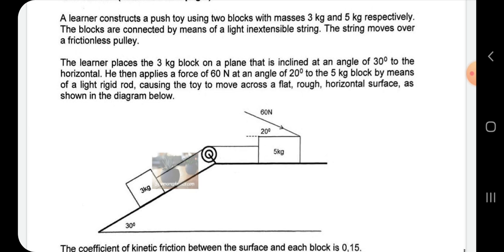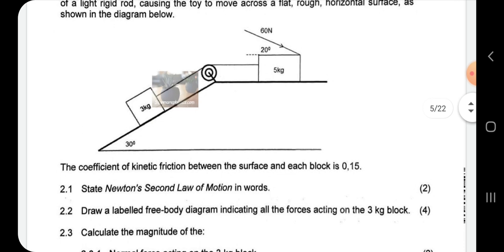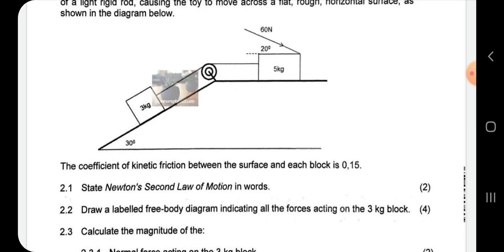He then applies a force of 60 newtons at an angle of 20 degrees to the 5 kg block by means of a light rigid rod, causing the toy to move across a flat, rough horizontal surface as shown in the diagram below. So there is the diagram, and then the coefficient of kinetic friction between the surface and each block is 0.15.